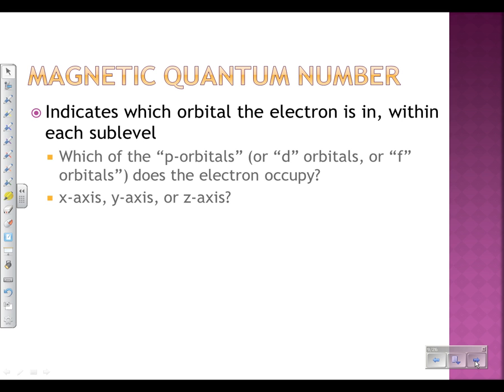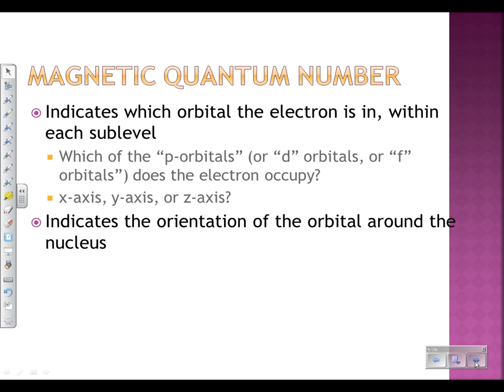So which orbital are we talking about? Where is this electron exactly? It's in the second energy level. It's in a p orbital, but there's possibilities there. It indicates the orientation of that orbital around the nucleus. Within the p orbitals, they all look the same, but they're all different orientations around the nucleus. And that's what that picture down at the bottom is showing you.